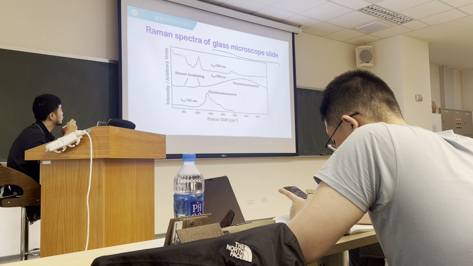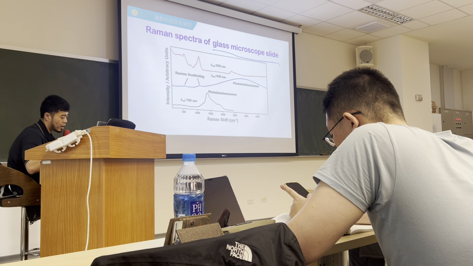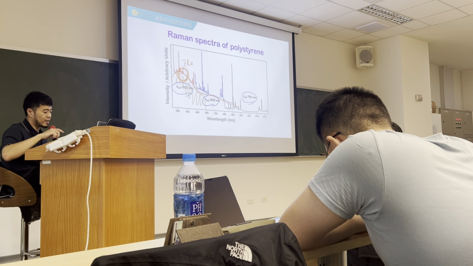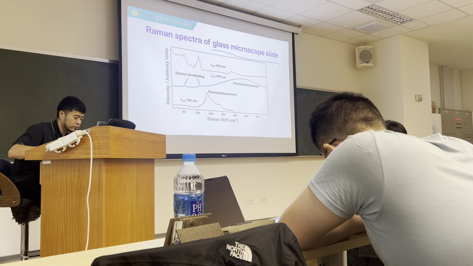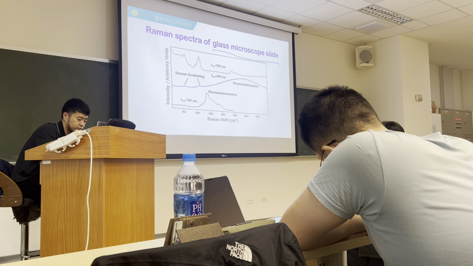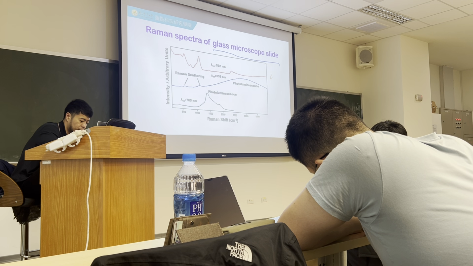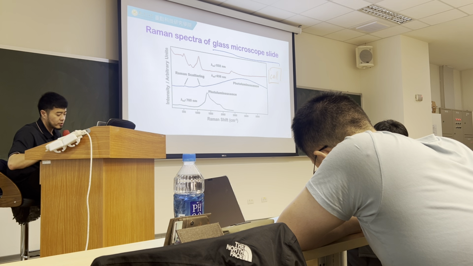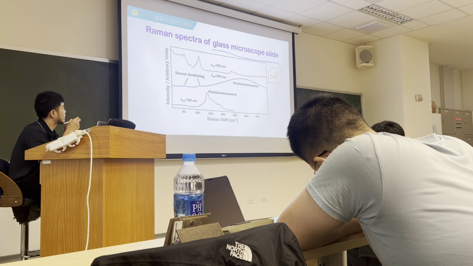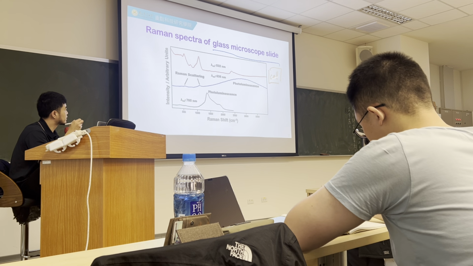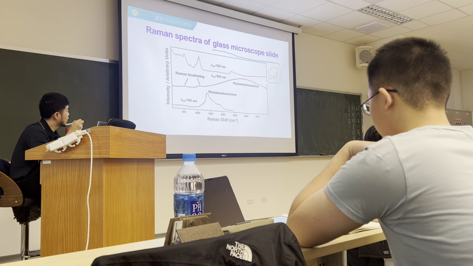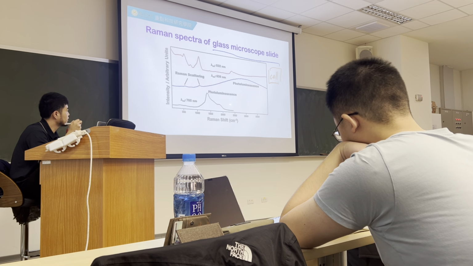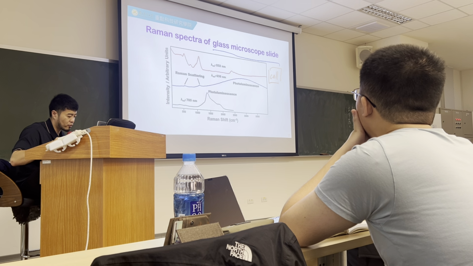So if your Raman signal is located in the low wavelength, just like this one over here, you cannot use glass slides to analyze that. And lots of biological samples, if you are doing biological research and you want to observe some particle or vibration in the cell, the cell commonly has the Raman signal located at a low wavelength, then you cannot use the glass slides to analyze them.